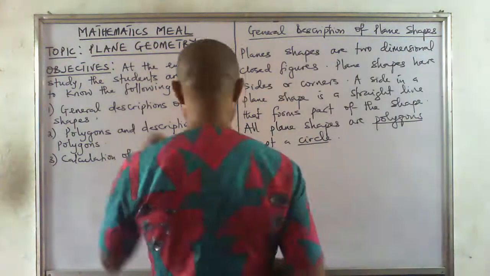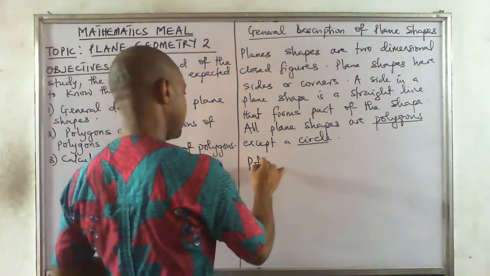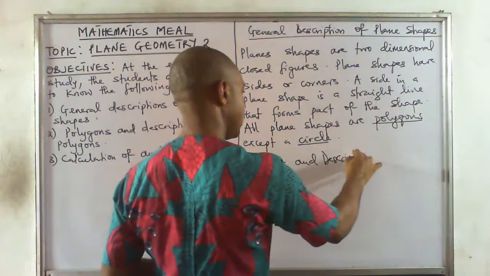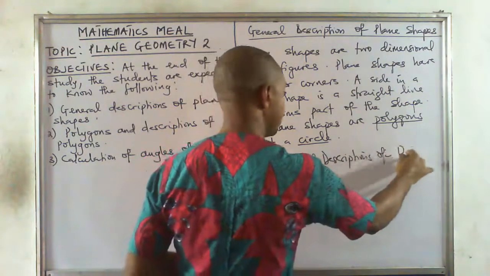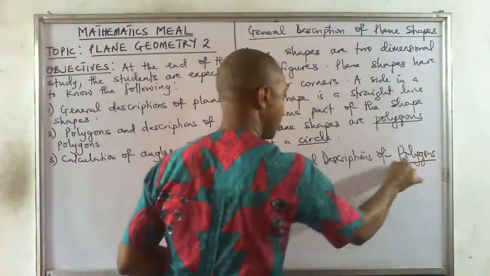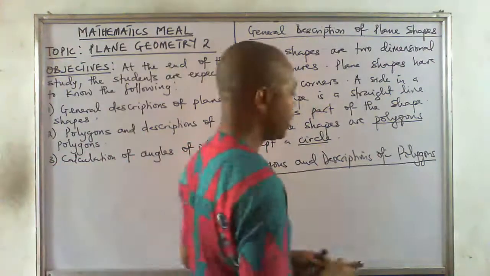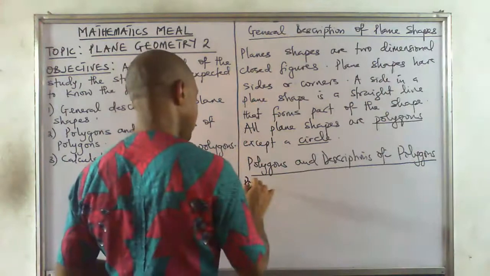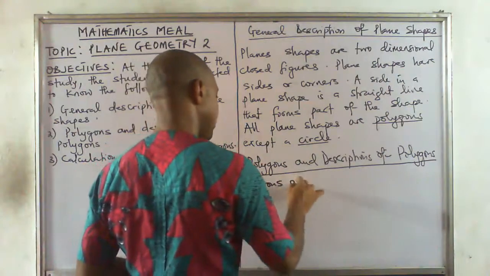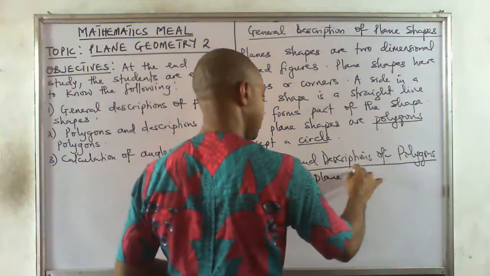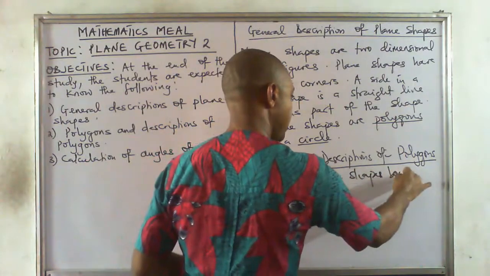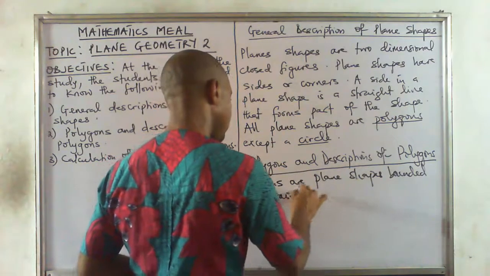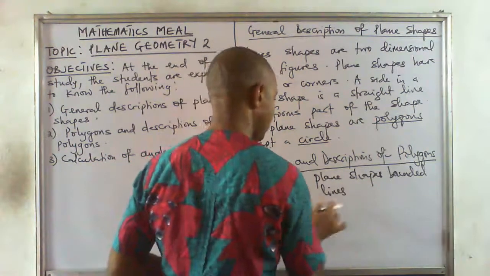So we move to the second objective: polygons and descriptions of polygons. What's a polygon? A polygon is a plane shape bounded by straight lines.